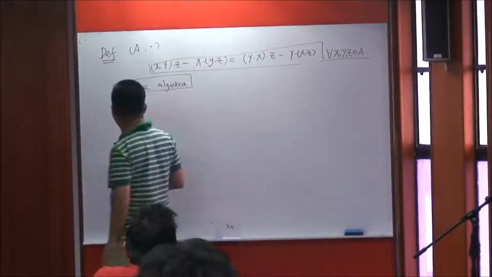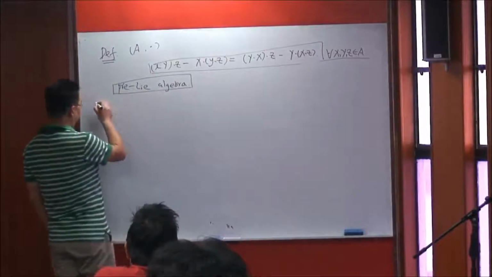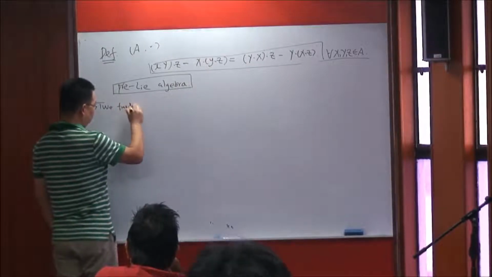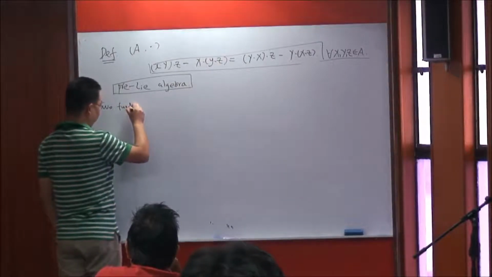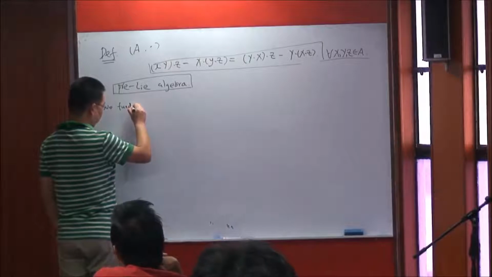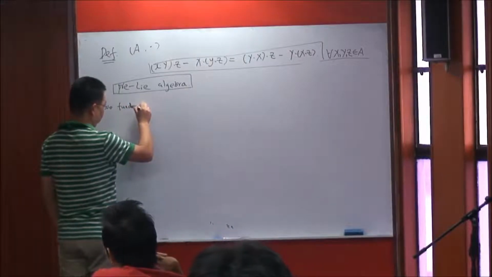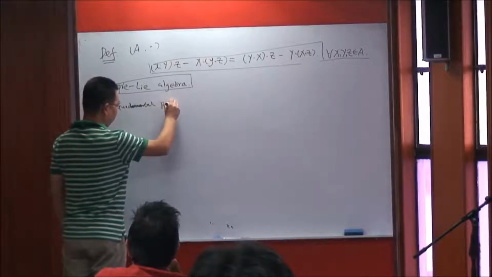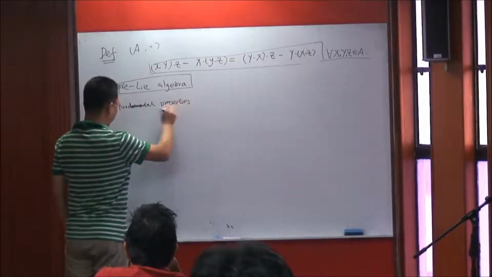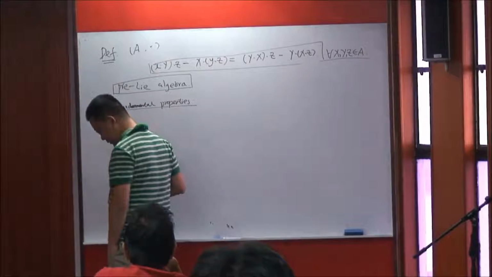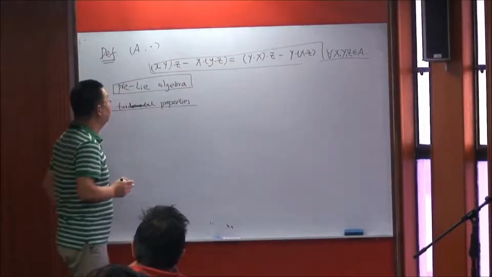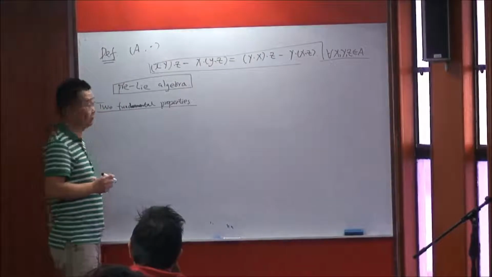So in fact, the pre-Lie algebra has two fundamental identities. From the identity, we can imply two basic results.